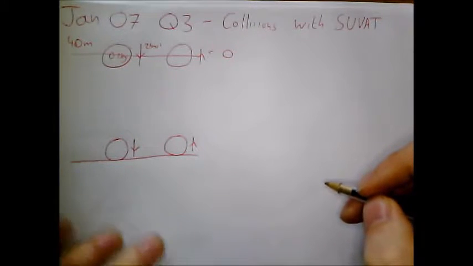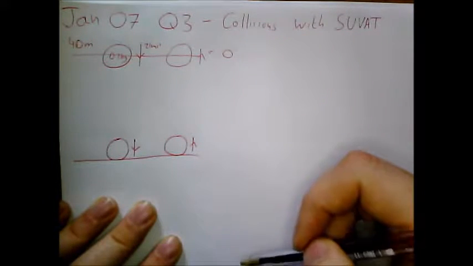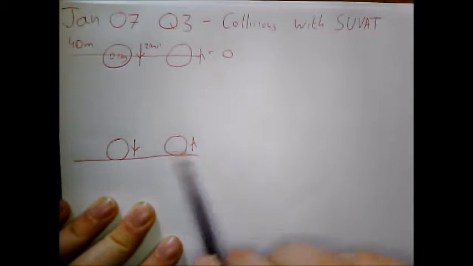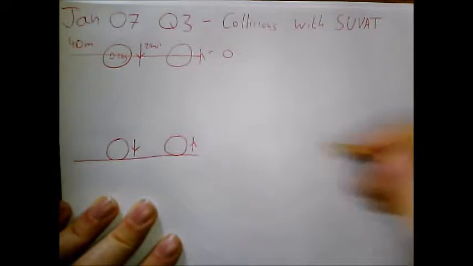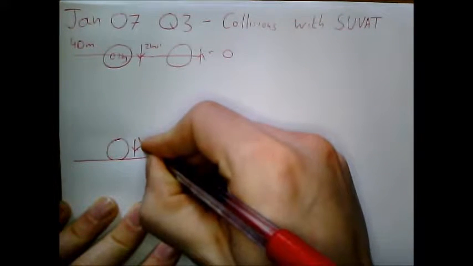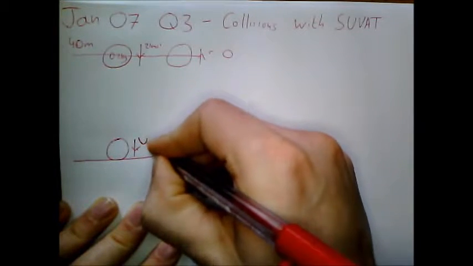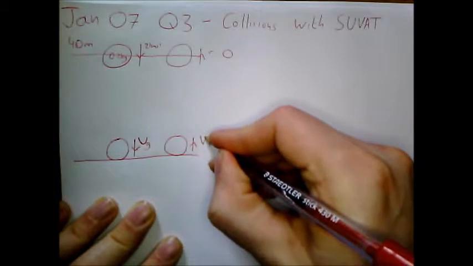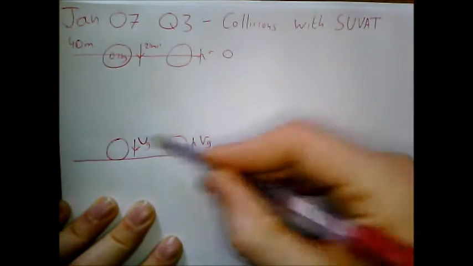Okay, so in order to calculate the coefficient of restitution, we're going to need an initial velocity and a final velocity. So I'm going to call this UG for U ground, and this is VG for V ground, and we want to know these two values.